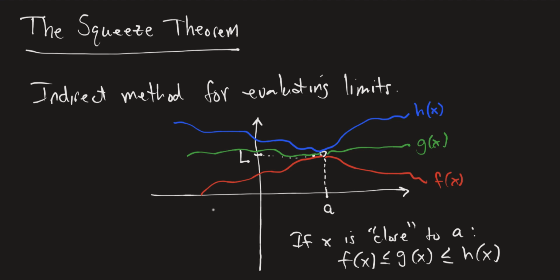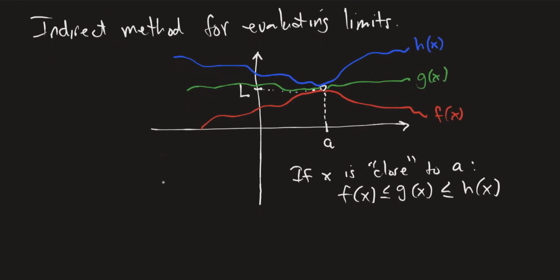So here is the statement of the Squeeze theorem. Right? And what it basically boils down to is, let's say we want to figure out the limit of g of x as x approaches a. But this is a very complicated function. It's not easy to handle either numerically or graphically or algebraically. But let's say f and h are functions that are easier to evaluate.